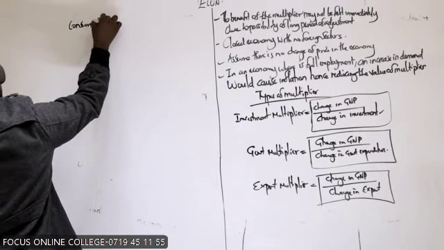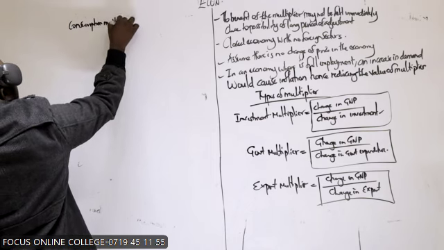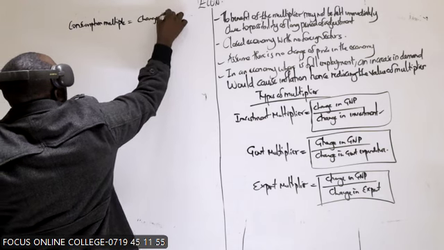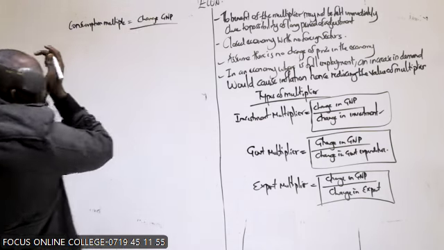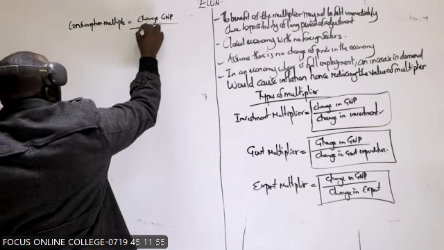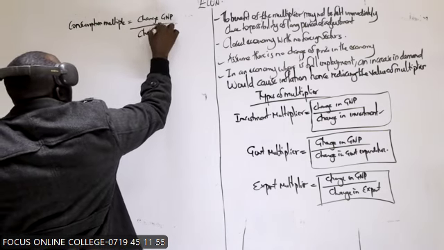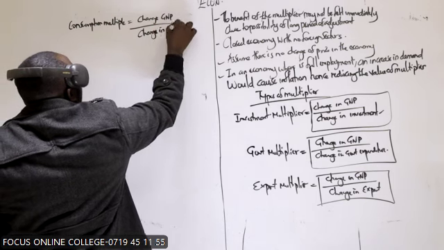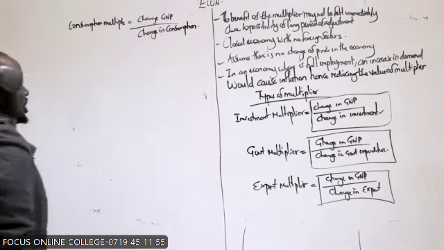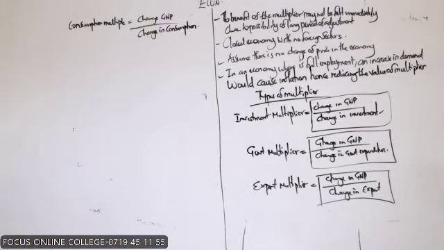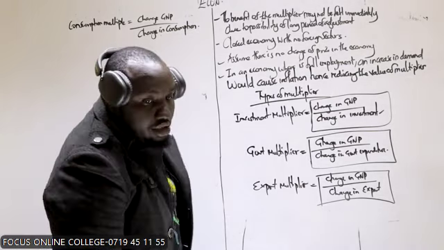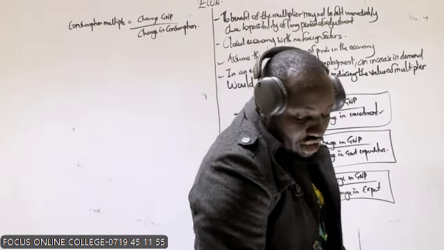The consumption multiplier is change in GNP over change in consumption.